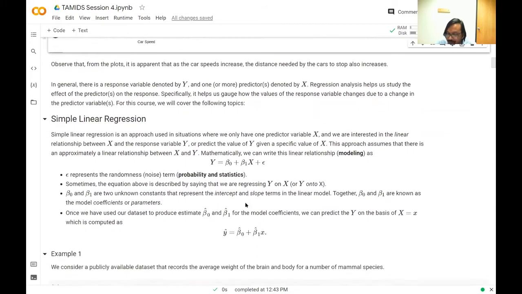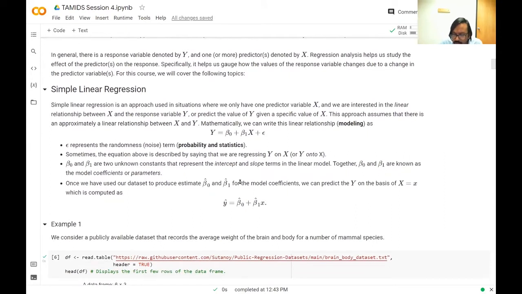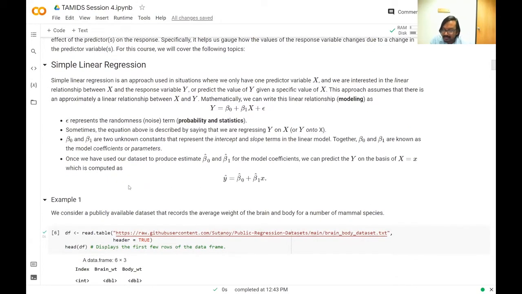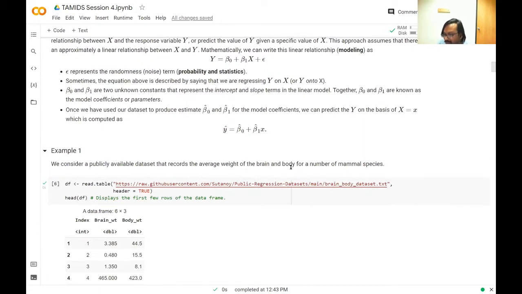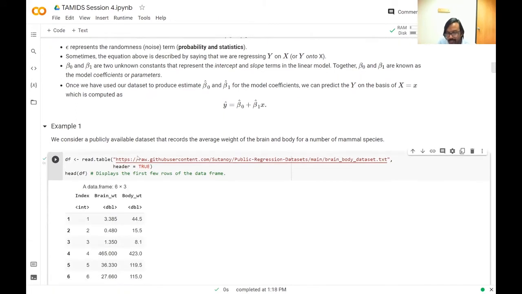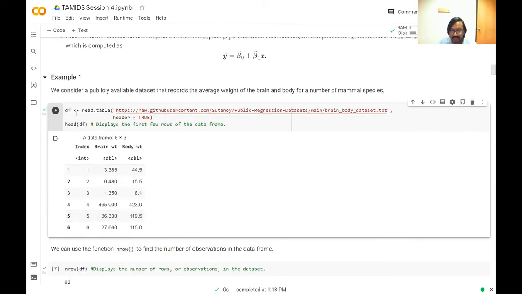So let us try to work with a publicly available data set that records the average weight of brain and body for a number of mammal species. If you run this particular cell, you are going to get the data set. The data set can be loaded using the read.table function.